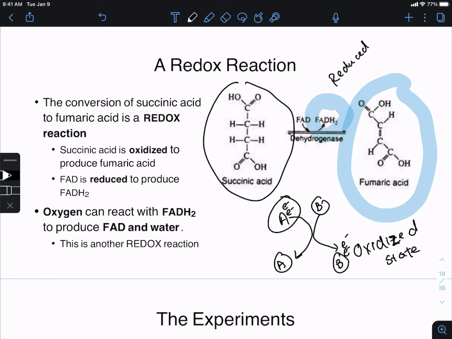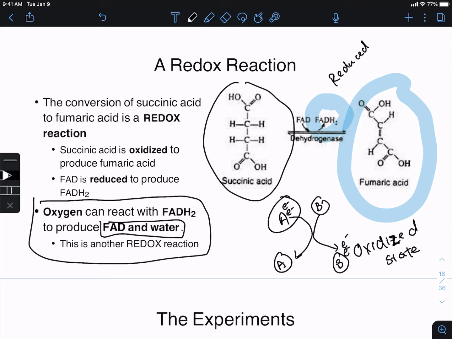All right. Another reaction not shown here is oxygen. Oxygen will react with FADH to produce FAD and water. You need to remember this because at one point in our experiment, we're going to be asked to shake the test tube, and what happens when we shake the test tube is it introduces oxygen.